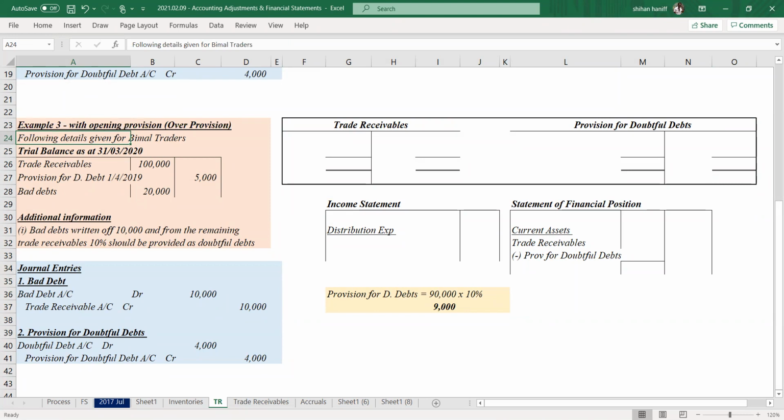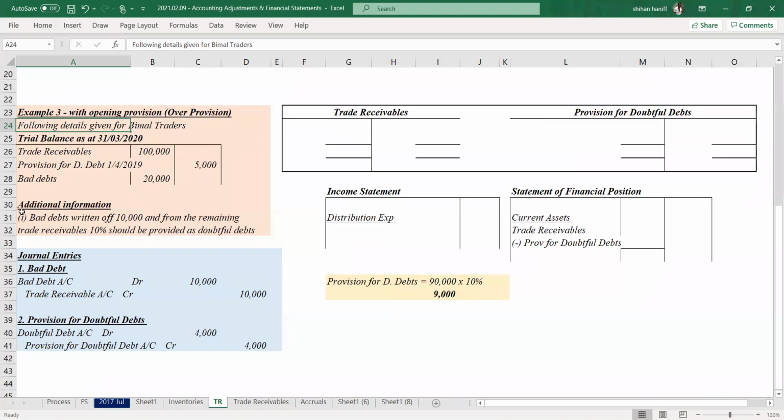If you know one, you can do the rest. Let's say this is Chamal Traders. Trade receivables 100,000, provision for doubtful debt 13,000. Opening provision is 13,000. In the same adjustments, trade receivables opening balance is 100,000. Doubtful debt opening balance is 13,000.